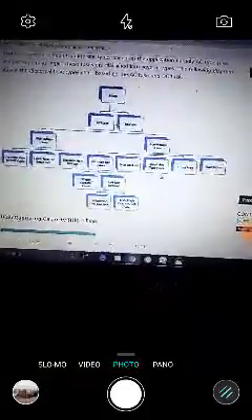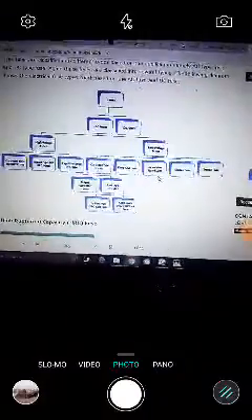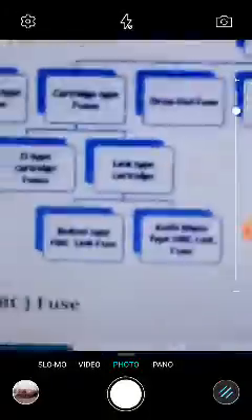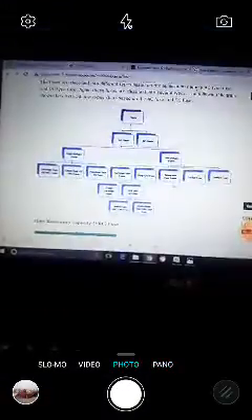Again in AC fuses you have low voltage type fuses, which are cartridge type, dropout, and rewirable fuse.